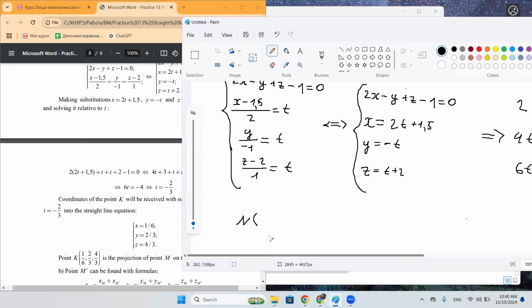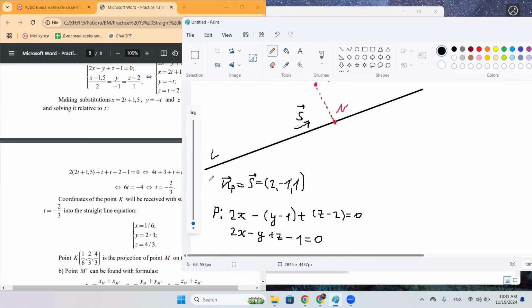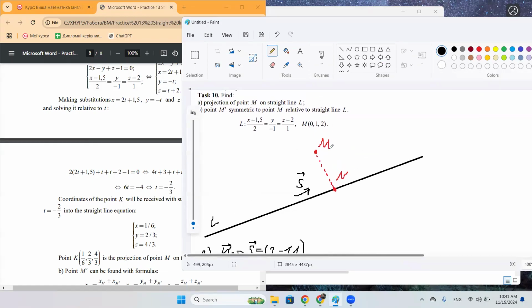Okay, here is K, but we named it N, but it doesn't matter. So coordinates of this point are the following: 1/6, 2/3, and 4/3. So we solved task A, part A, we found the projection of the point M.